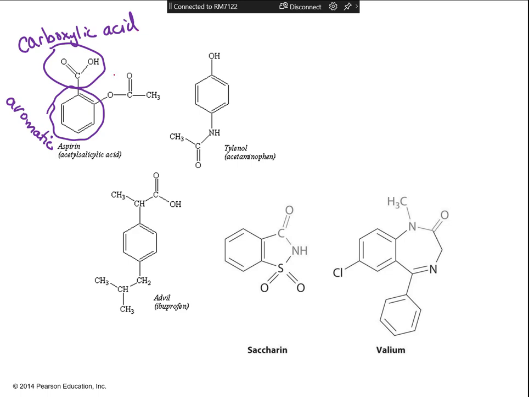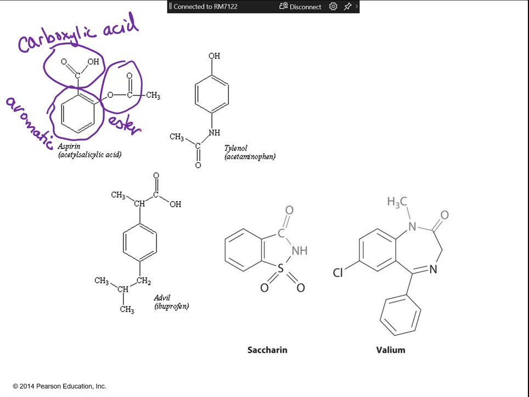All right, then what's this one? That's an ester. So notice that's a carbon with the double bond oxygen and another oxygen, but it's in the middle of a chain, not on the end. So carboxylic acids and esters look kind of similar because they both have two oxygens connected to one carbon, but carboxylic acids are always on the end with an OH. Esters are always in the middle, and that single oxygen just connects to another carbon.